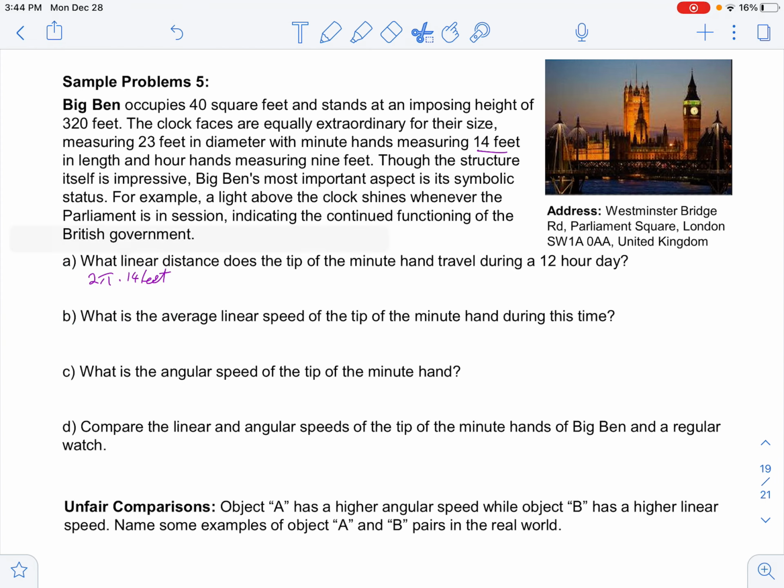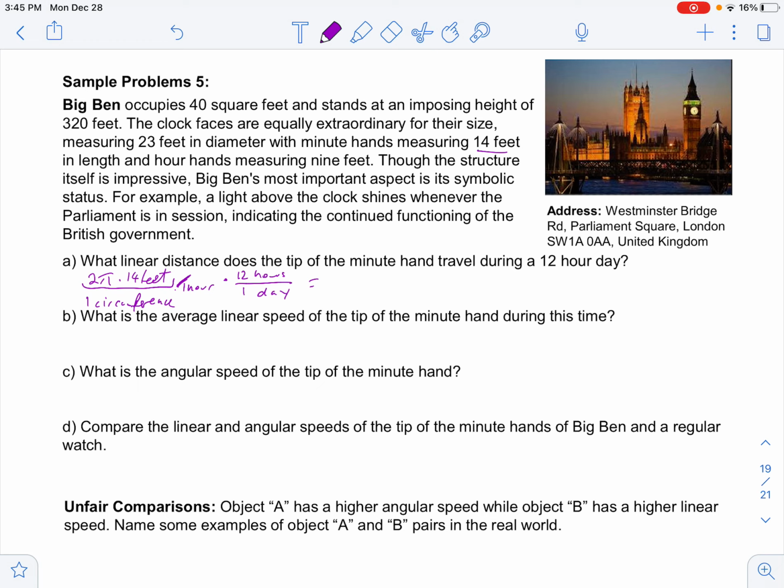So maybe I should add that: 2 pi times 14 feet is 1 circumference, how far we travel. Now, this is per, so I'm going to say divided by 1 hour, because every hour we travel this far. But now I want to know this during a 12-hour day, so I'm going to multiply this by 12 hours in a 12-hour day, so to say.